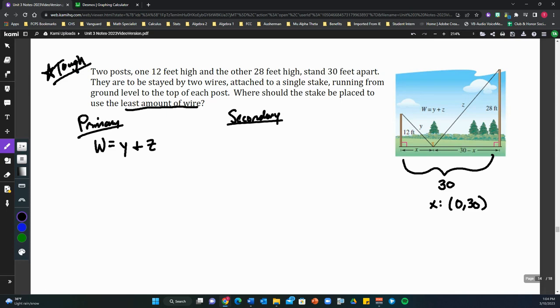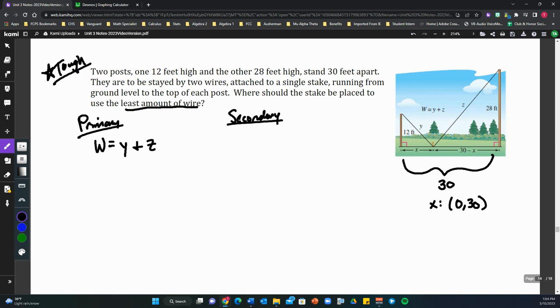But what we can do is come up with equations that y and z both relate to a third variable, x. If you noticed, x is not in the primary equation anywhere, but that's because there's relationships between x and y and x and z. So what we're actually going to do is we're going to replace y and z both in the primary equation with an expression of x.